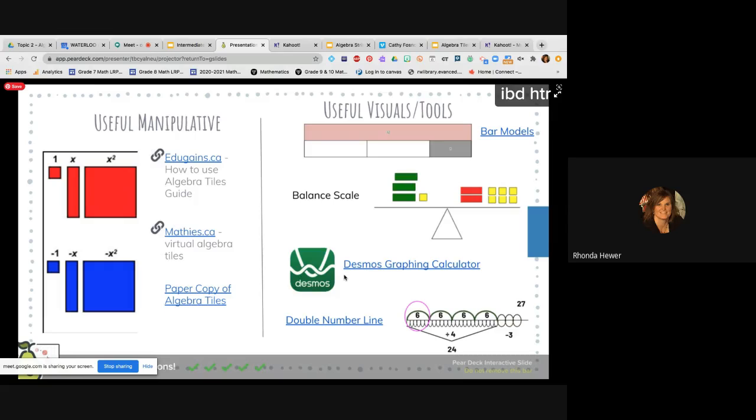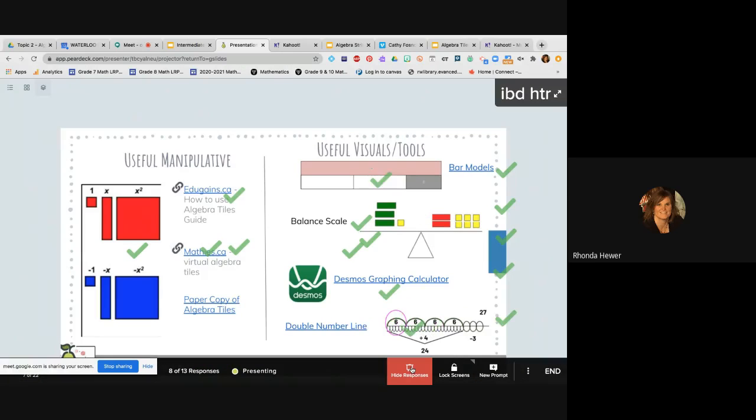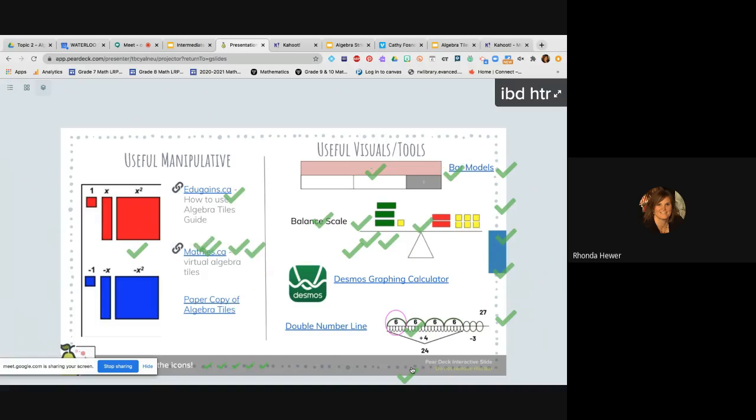Can you drag a check mark over any of these that you're already really familiar with and feel really comfortable with? If you don't feel really comfortable with it, don't drag a check mark over it. Just leave the check marks on the side. And if you want to see what most people are thinking, you can come back to the Google Meet where I'm projecting my screen and see where people's check marks are falling.